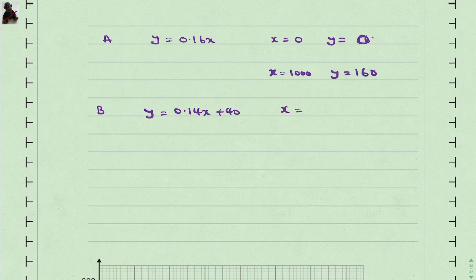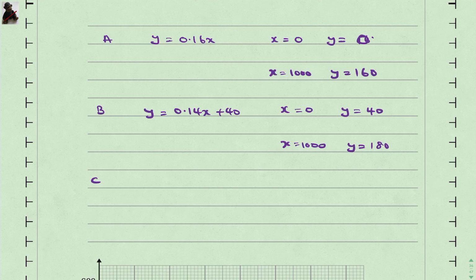When x equals 0, y equals 40. And when x equals 1000, y equals 180. What we did was substitute x in, so that becomes 0.14 times 1000, which gives 140. 140 plus 40 is 180.